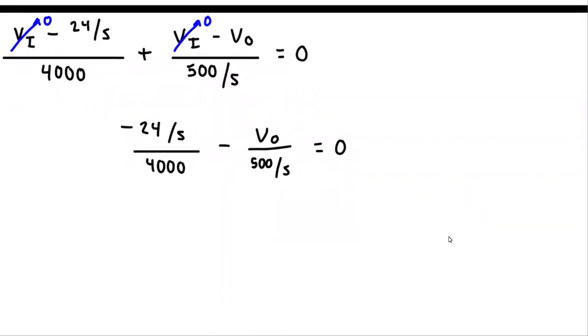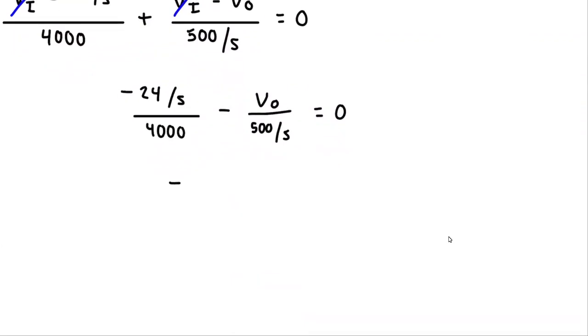After that, we can further simplify it to get negative 0.006 over S minus Vout times S over 500 is equal to 0.